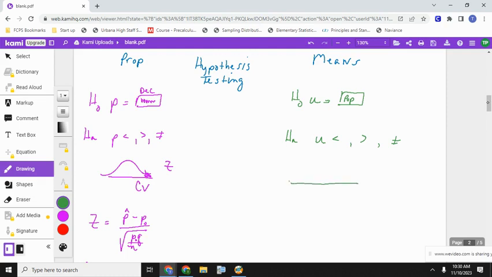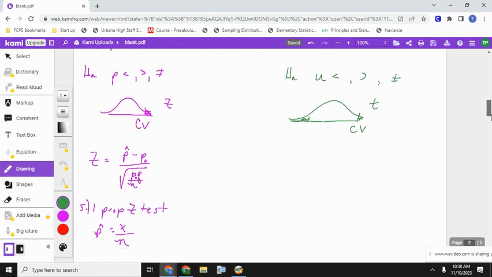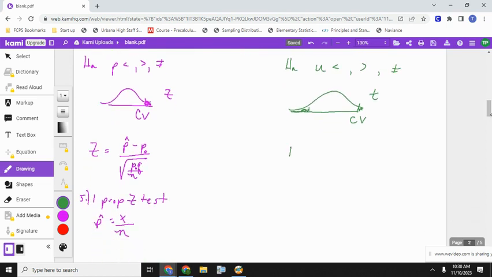Your drawn shaded curve is going to come off of the T chart, still called a critical value. Your formula for T is x bar minus mu over s divided by the square root of n. And this one is number 2, T-Test for hypothesis test.